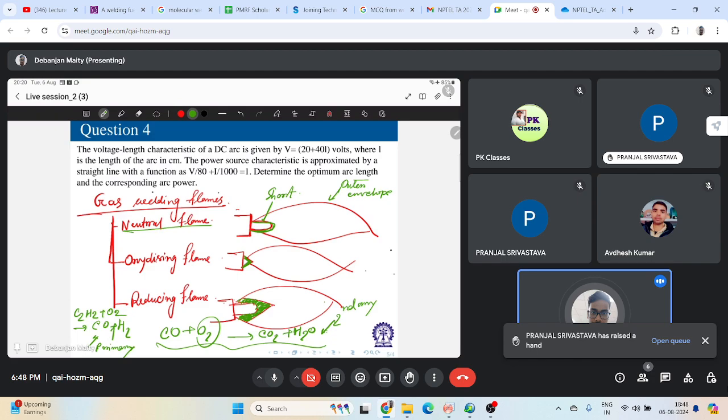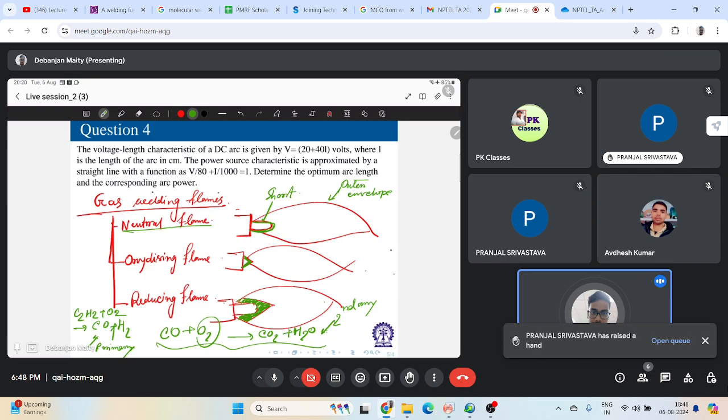So in terms of temperature, the generated heat that will form during the oxidizing, neutral and reducing flame: oxidizing flame will have the highest temperature because of presence of oxygen, and the inner core will be the one where primary combustion is taking place, as I was saying, and then you have neutral, then reducing.